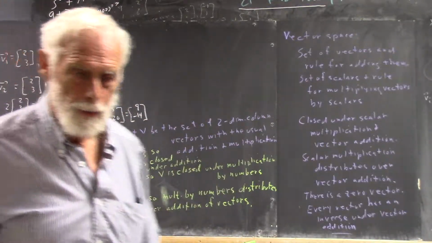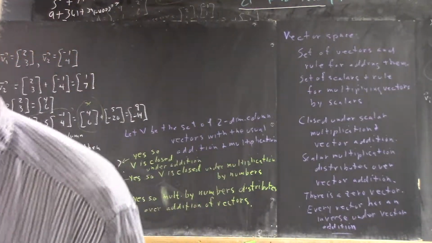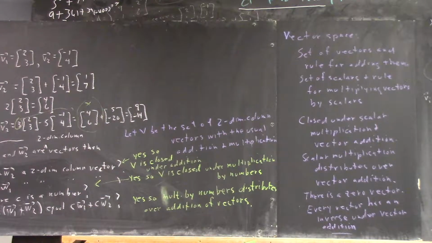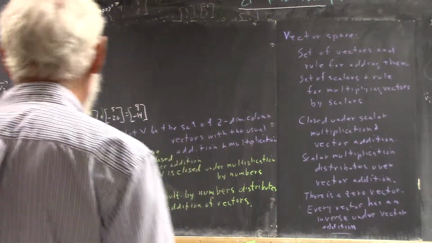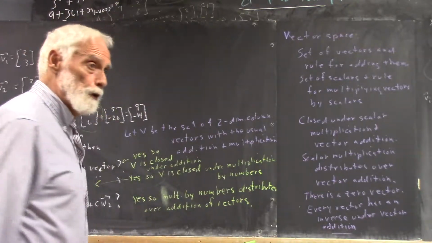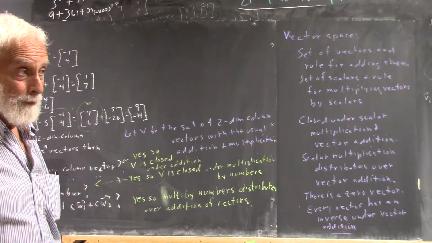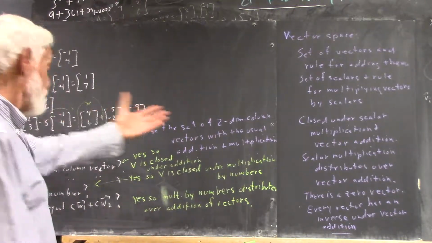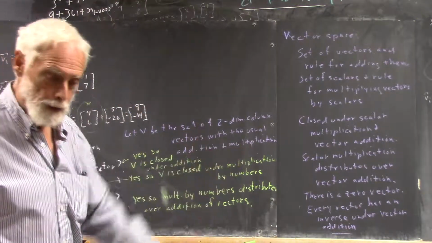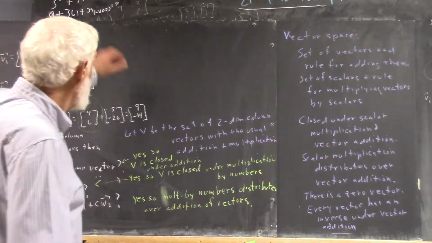So we're going to slap those on, and we're going to look at a couple examples of vector spaces that don't look like column vectors, but could be represented by column vectors in a way that's indistinguishable from what we do with geometric column vectors. Okay?